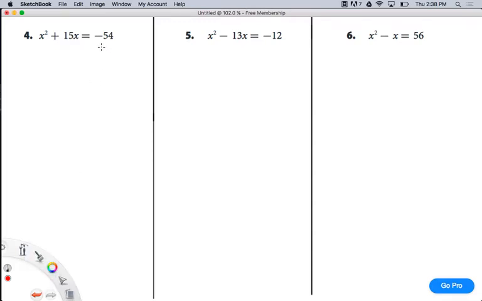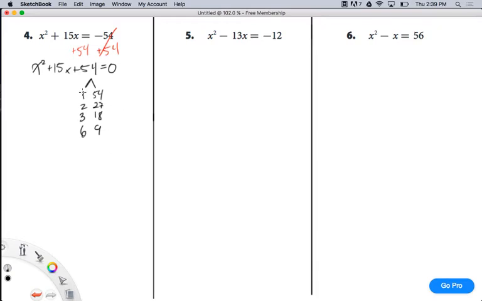First step here for number 4, add 54 to both sides. I end up with x squared plus 15x plus 54 equals 0. I factor 54: 1 and 54, 2 and 27, 3 and 18, 4 no, 5 no, 6 and 9.